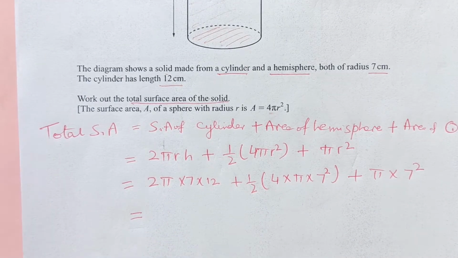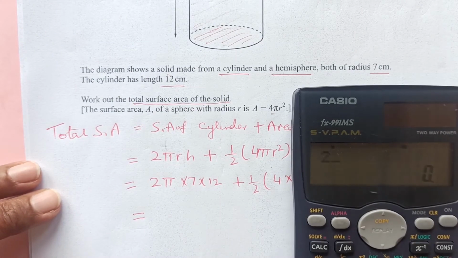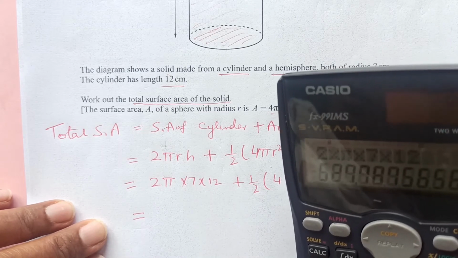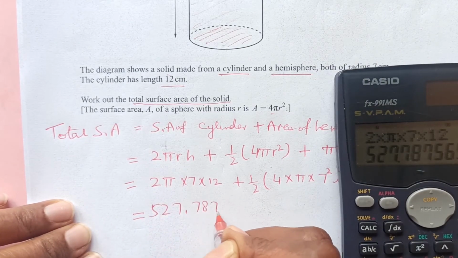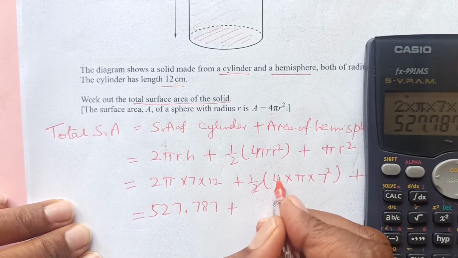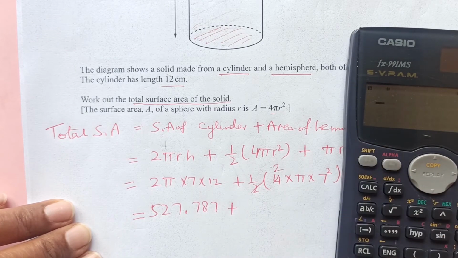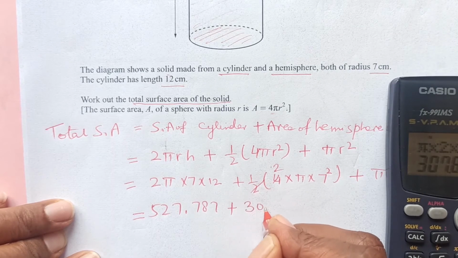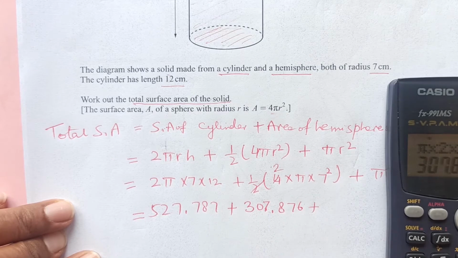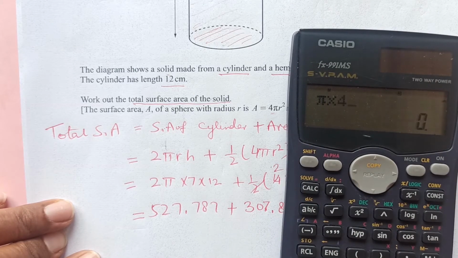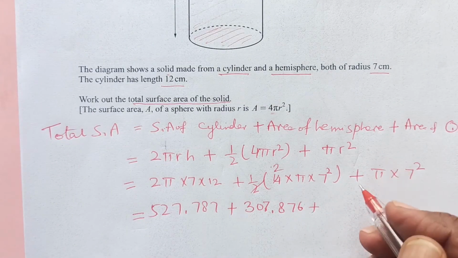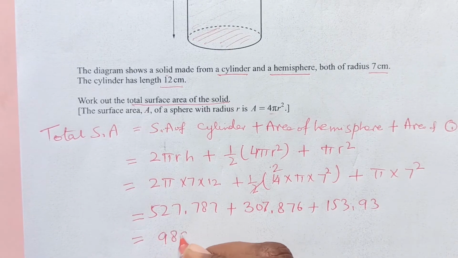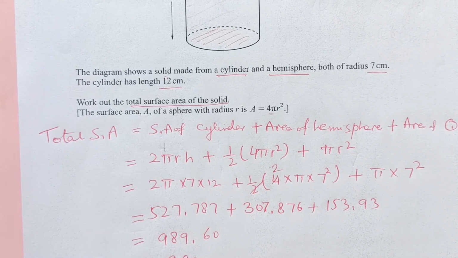So you can calculate that one. So 2 times pi times 7 times 12 is 527.787, plus 2 times pi times 7 squared, which is 307.876, plus pi r squared, pi times 49, which is 153.93, and when you add this, it comes to 989.60, approximately 990, right?